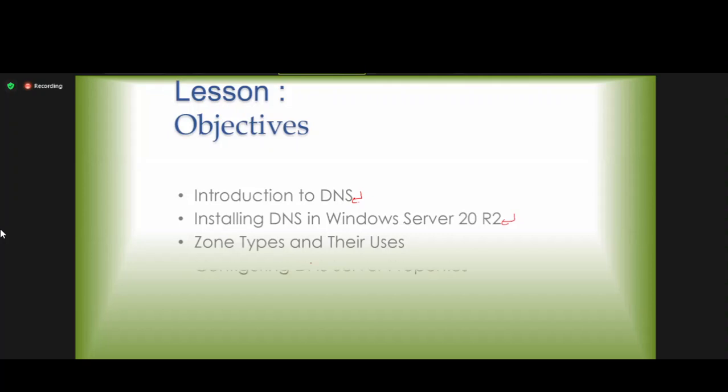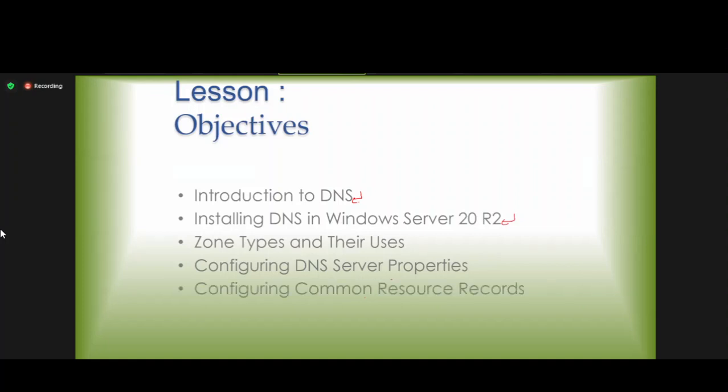So zone types and their uses. I'll give you a quick overview of DNS, according to our course learning outcome. Configuring DNS server properties is what we are going to do under this lab, hopefully today, if you cooperate and follow the pace.